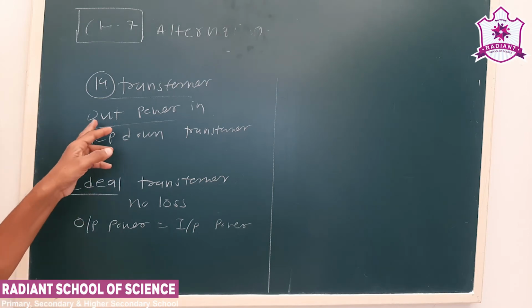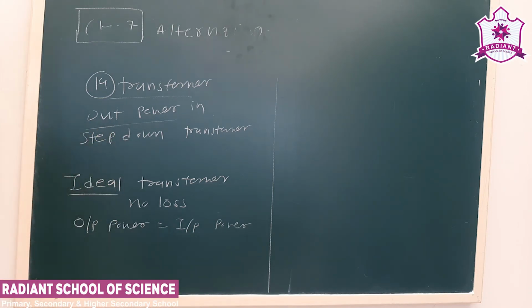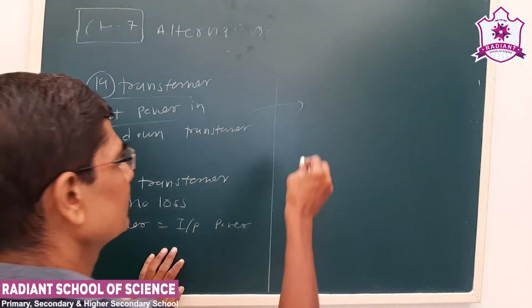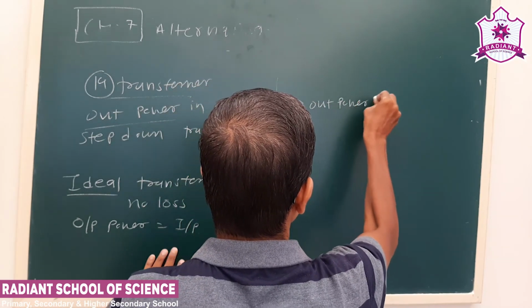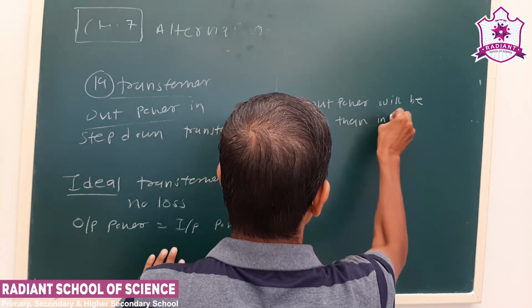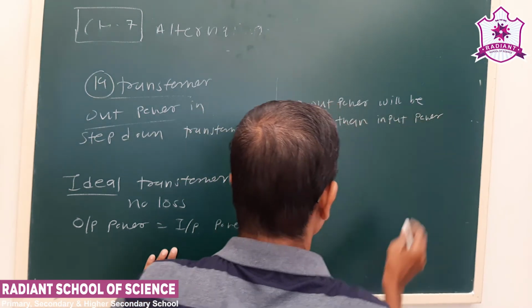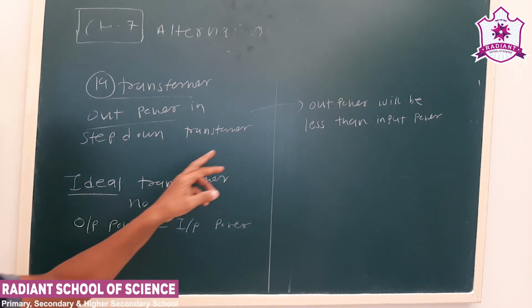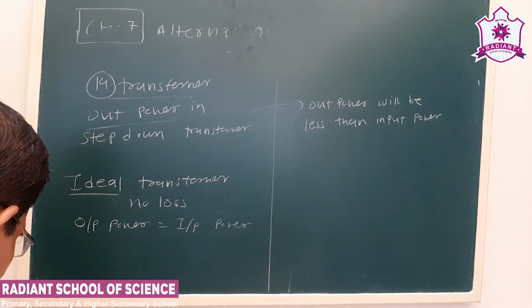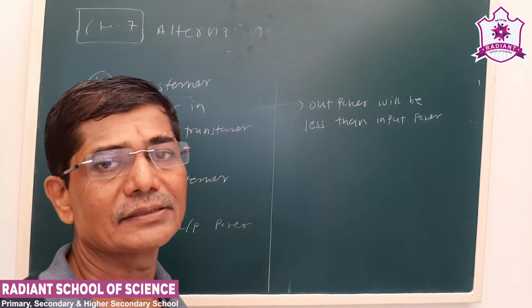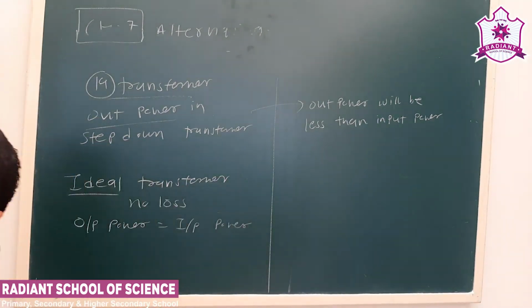Okay, so naturally we have to consider the losses also. So in that case, if the losses are involved, output power will be less than input power. Okay, if it was given that it is an ideal transformer, then we have to assume there is no losses, and the power will be equal. But right now, here no such condition is given. So in that case, the output power will be less than input power. See our next MCQ.